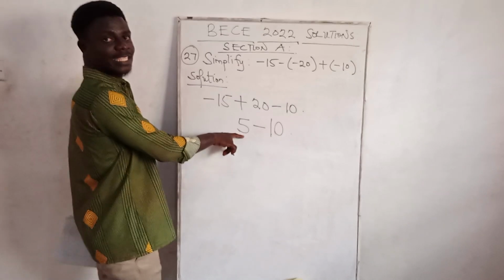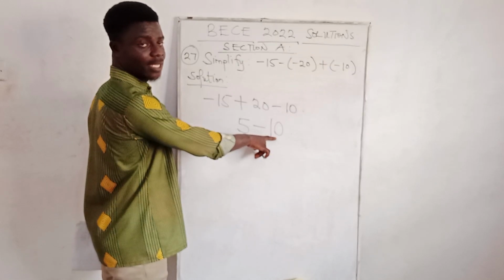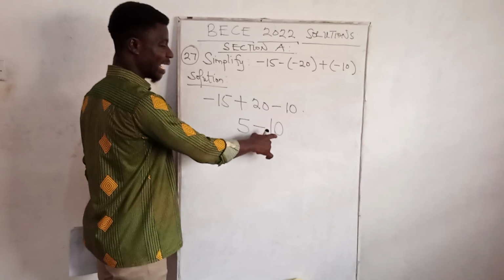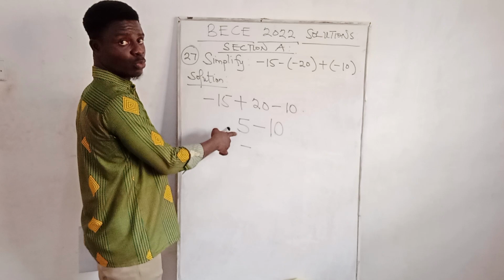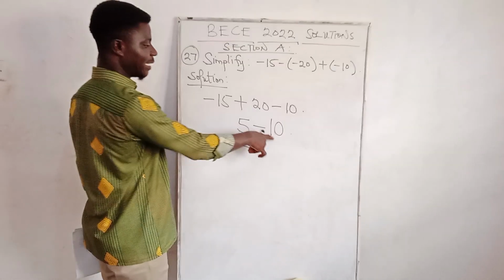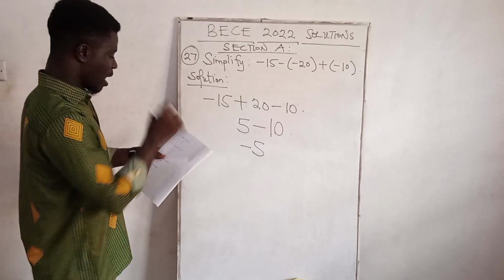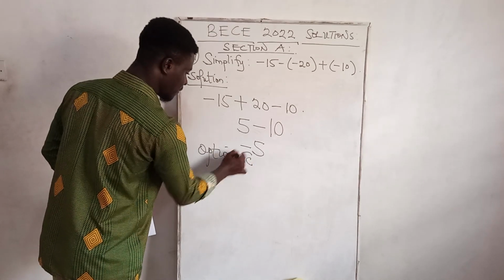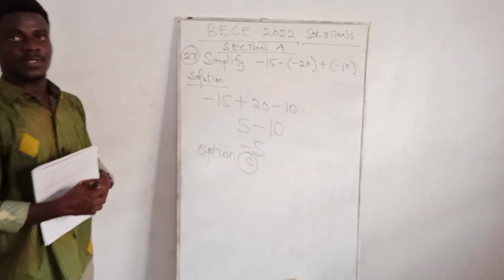Now this 5 is a smaller value and this 10 is a bigger value, so we get a negative. If we are subtracting a bigger number from a smaller number, you get a negative answer. So 5 minus 10 is negative 5. So our answer will be option C, which is very simple.